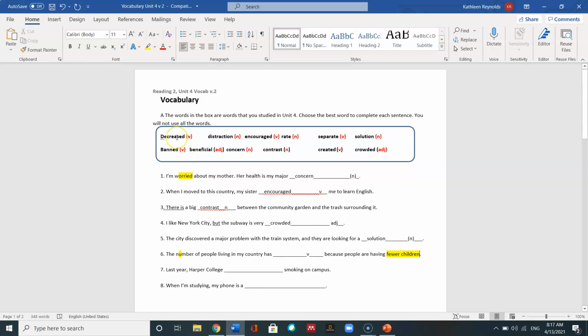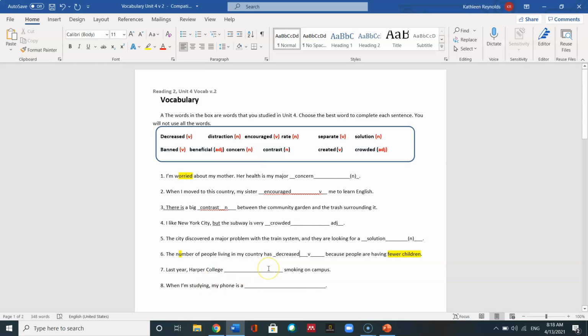The number of people has decreased. Encourage, we already used. Decreased, separate, banned, or created. So the number cannot create. The number cannot ban. Here we want to say the number of people living in my country has decreased. It means it got smaller, and the reason is people are having fewer children.